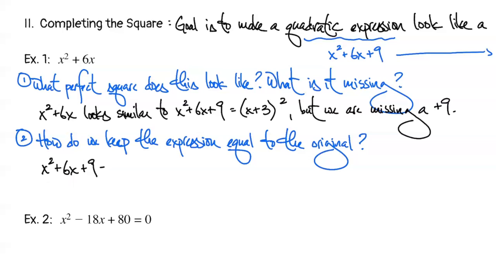But if I then subtract 9, don't the 9 and 9 go away, right? Then we have x squared plus 6x, which is what we started with. So this part right here, this plus 9 minus 9, makes the perfect square and keeps our original expression the way it is, okay?